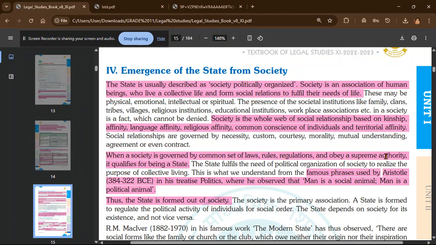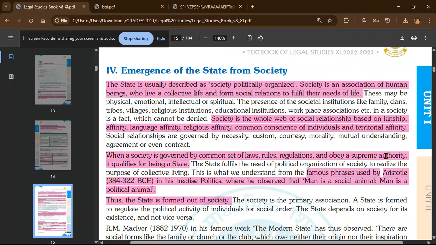Now, what is society? Society is an association, means it is a group, a collection of human beings who live a collective life. Collective life means they mingle with other people and live a life together, and they form social relations to fulfill their needs of life.